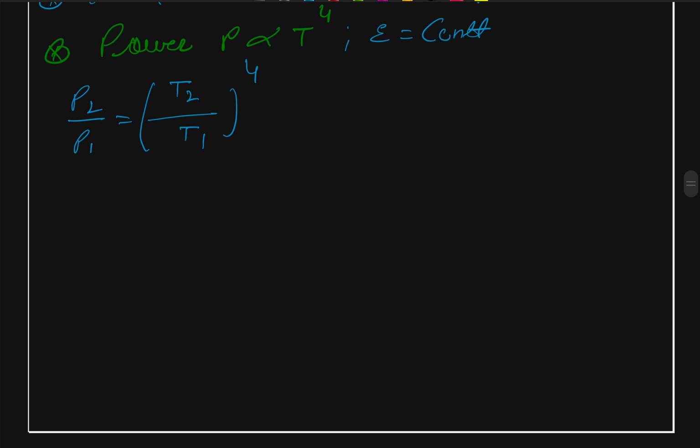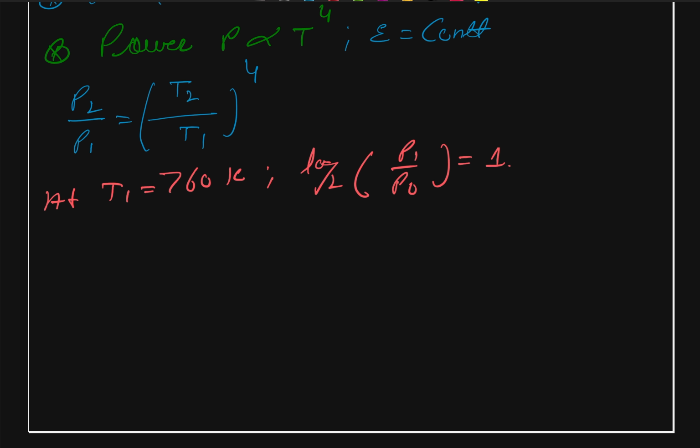We are given that at T1, which is 760 Kelvin, the value is equal to 1, so therefore we can write log of 2 P1 upon P naught is equal to 1, because now we have taken temperature as T1, so we replaced it; T1 is proportional to P1.